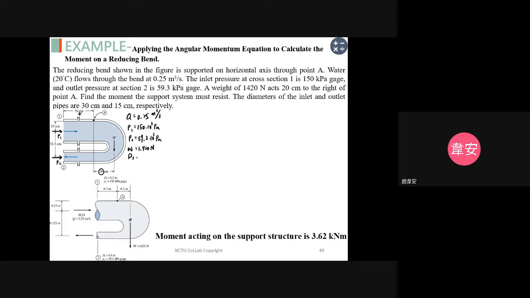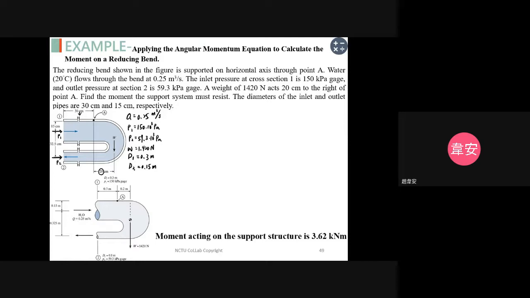So D1 is 0.3 meters, and D2 is 0.15 meters.